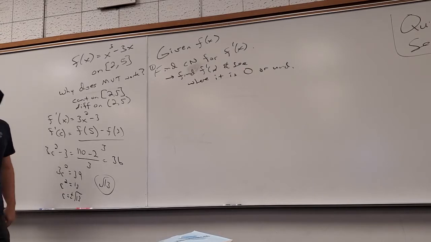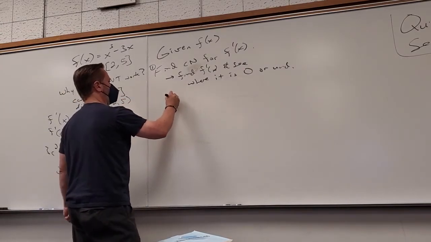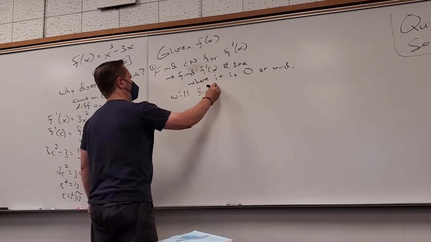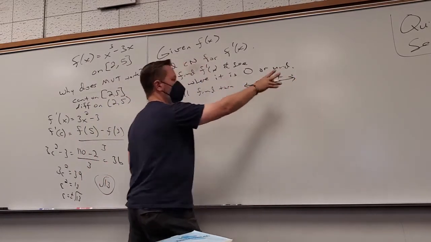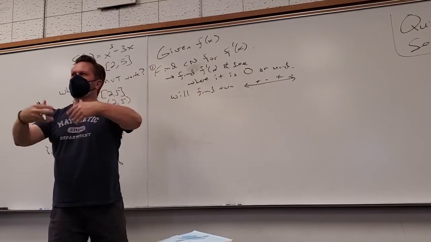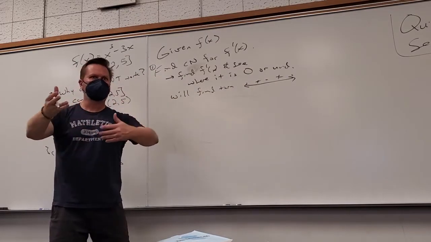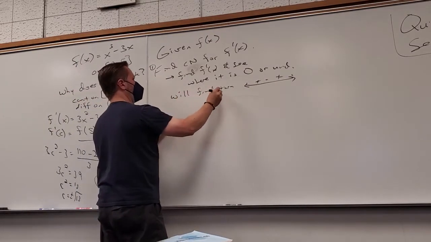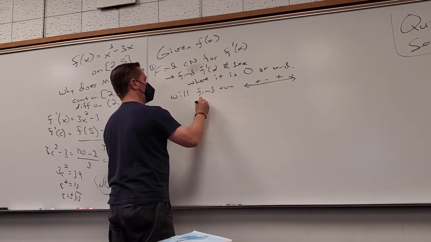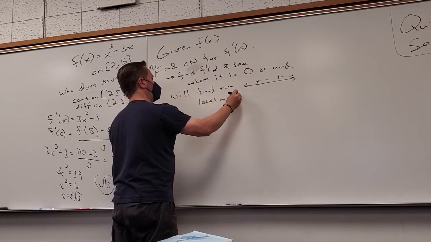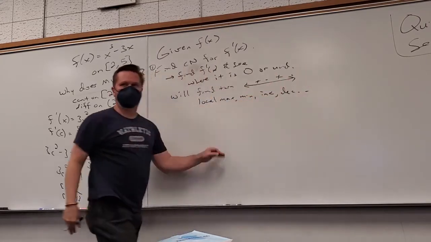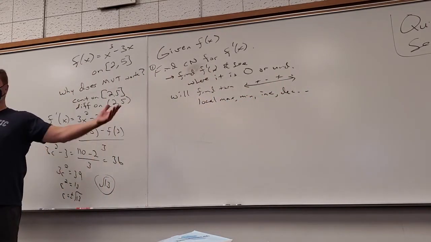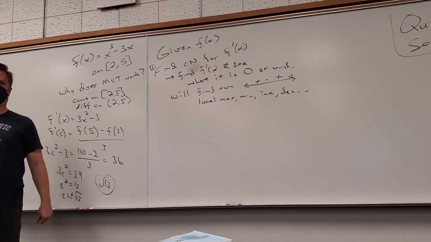The one that's new, we'll find through the number line, plus, minus, plus. Increasing, decreasing, local max, local mins. Because that's what slope tells me. Where's it going up? Where's it going down?